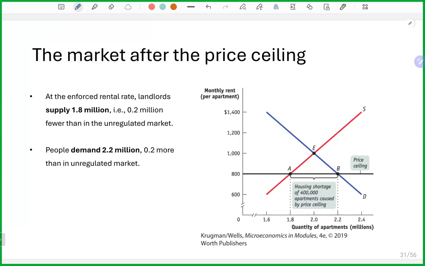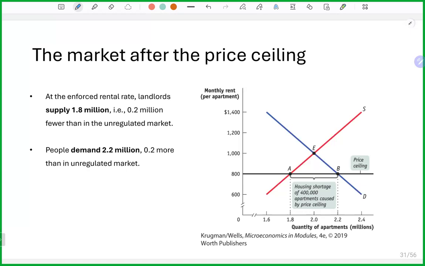But now with this control, while there are 2.2 million potential renters seeking rental housing, only 1.8 million can successfully find it, meaning that 0.4 million people are left with no rental housing.